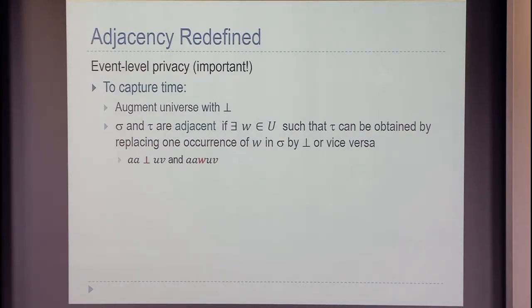so I'm going to describe one kind of privacy guarantee that you might want to make, which we call event-level privacy. It's very, very important to specify your granularity of privacy. For example, if you're creating a movie recommendation system, do you want to protect all of the movies that Guy watches or just one of them?